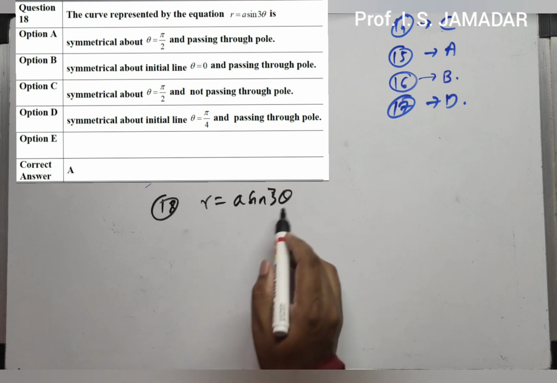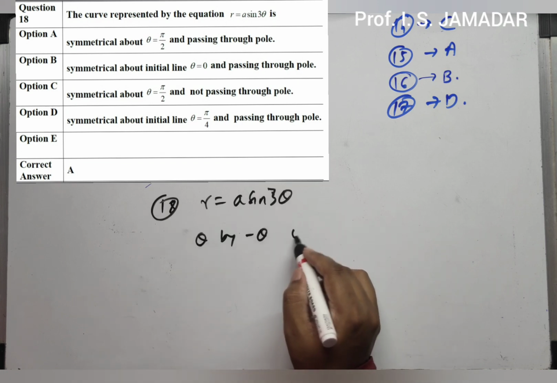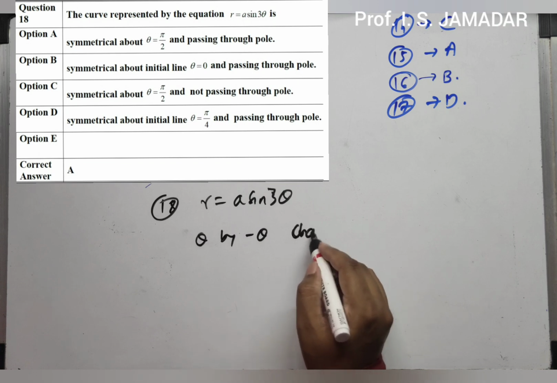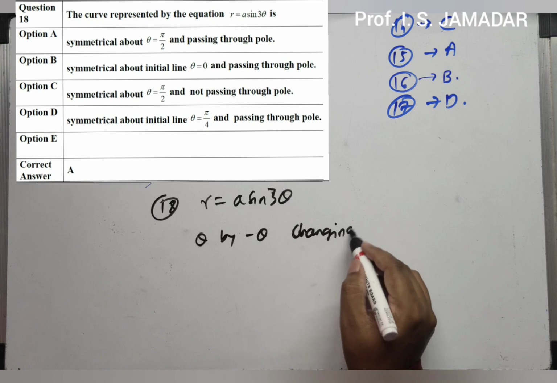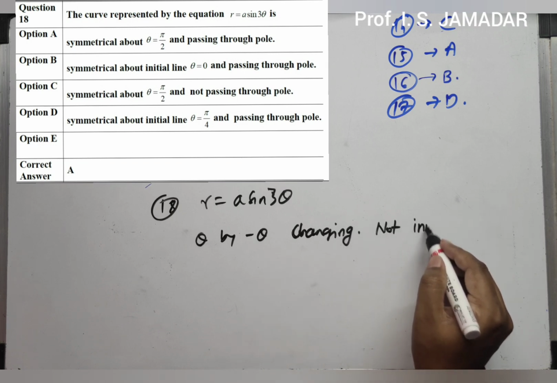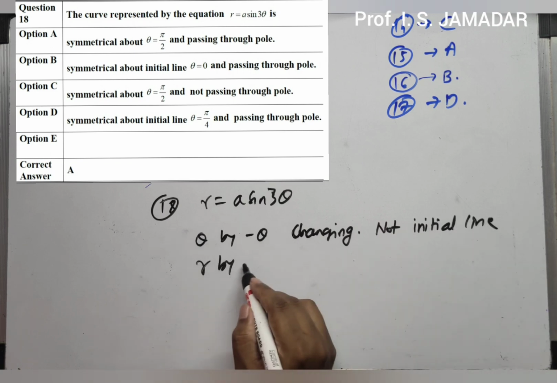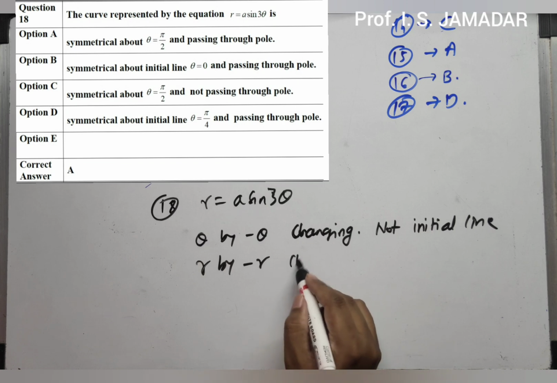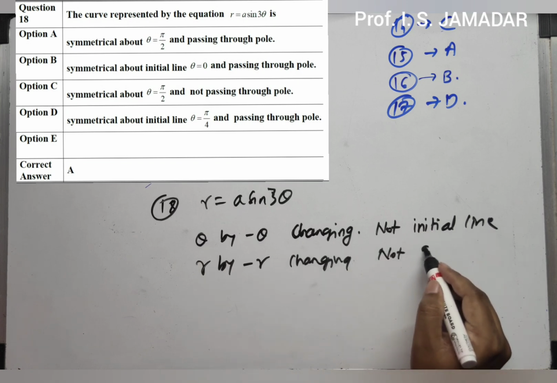Now in this, if you replace theta by minus theta, the equation is changing because sin of minus 3 theta is minus sin 3 theta. The equation will change, so it is not symmetric about the initial line. If we replace r by minus r, in that case also the equation will change. So it is also not symmetric about the pole.